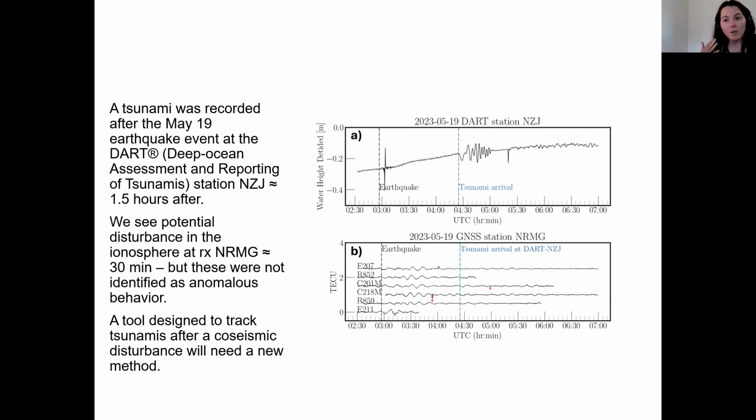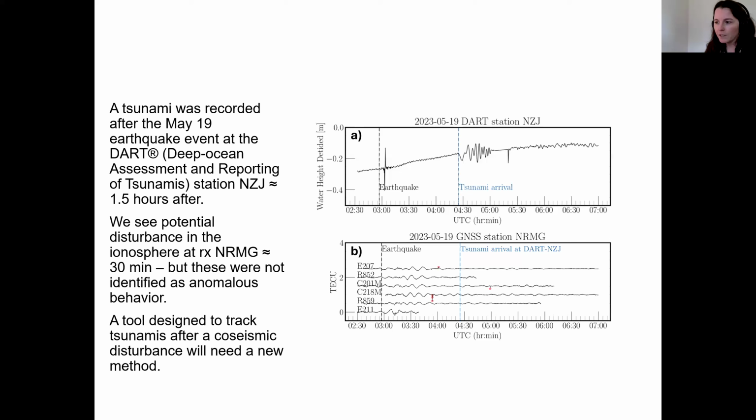So tsunamis have their own pressure wave generation. It's called internal gravity wave, or IGW. And this also perturbs the ionosphere at the same wavelength as the tsunami, or similar to. So really interesting.